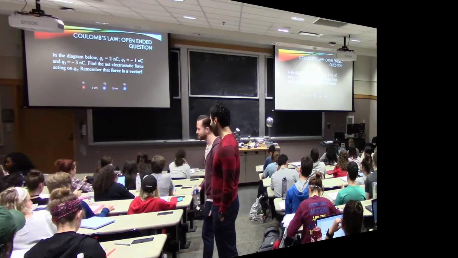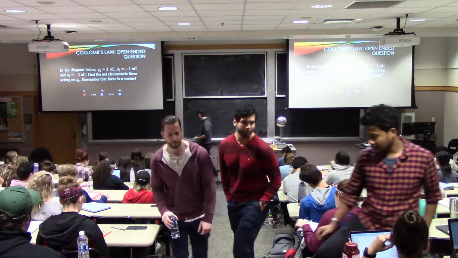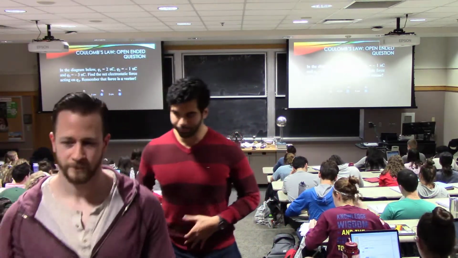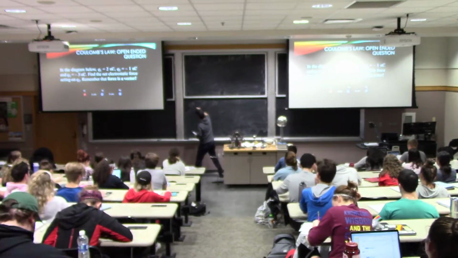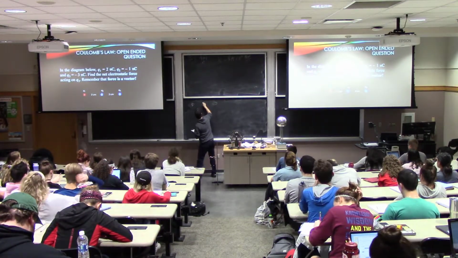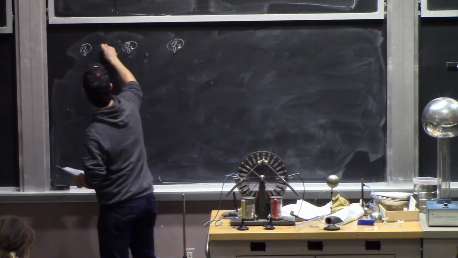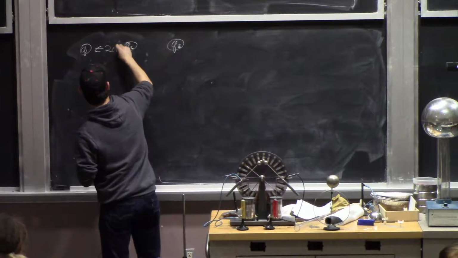Let's go ahead and talk about this one. So we know that we have this charge Q2 that's in between some Q1 and some Q3. So this is Q1, this is Q2, and this is Q3. And they're separated by some distance of 2 centimeters.